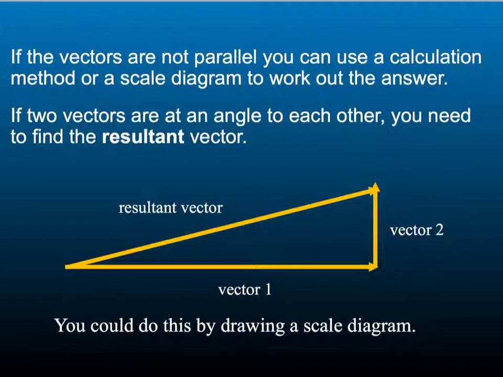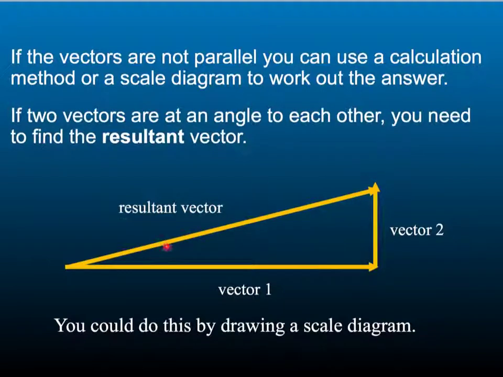In the previous example, the vectors were parallel to each other. But there are some situations where the vectors are at right angles to each other. The resultant vector is this one here, or the one that represents the motion that's caused by the two vectors. This is where Pythagoras and trigonometry from the beginning are useful. If we want to find the value for this resultant vector, then we need to use Pythagoras.